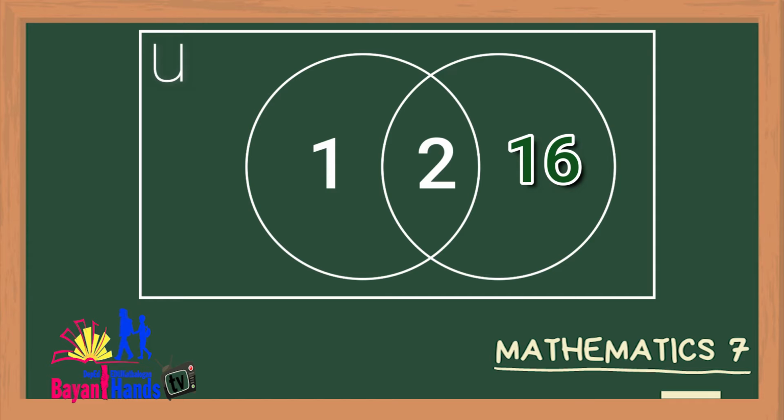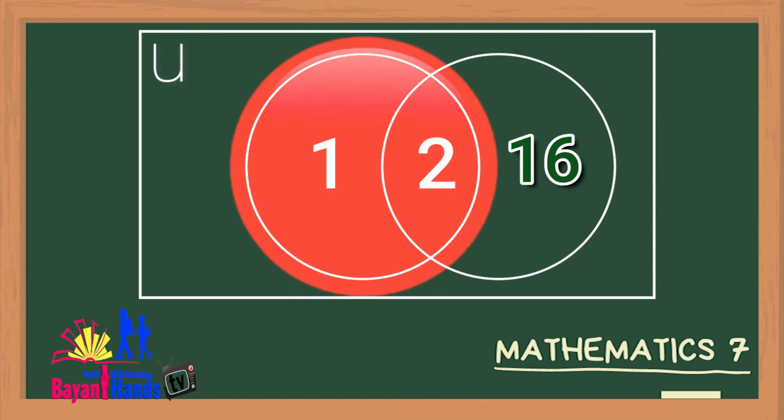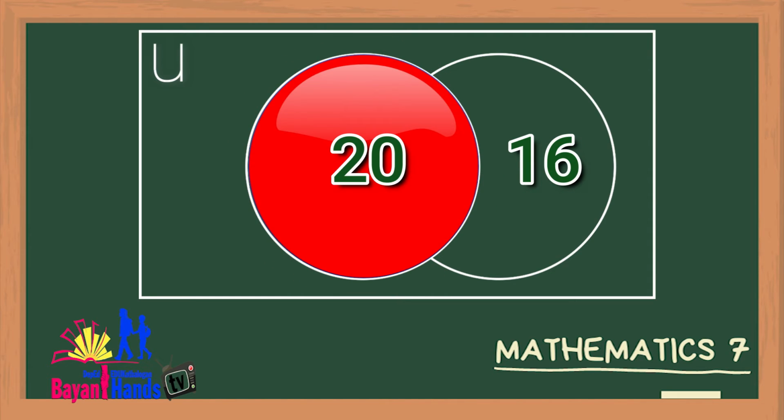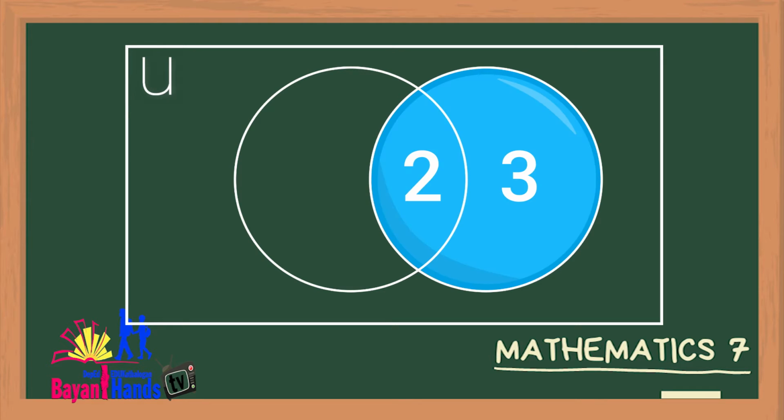But we do not know specifically how much is 1 and 2 individually. We only know that they sum up to 20. Focus your attention now to set B this time. What sections compose set B? Yes, sections 2 and 3. Again, how much is set B? 28, correct.